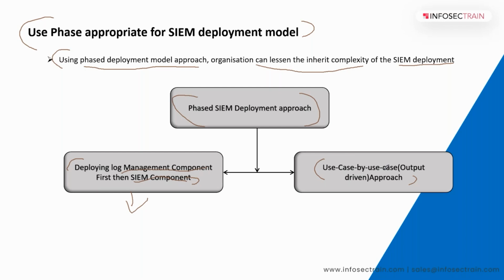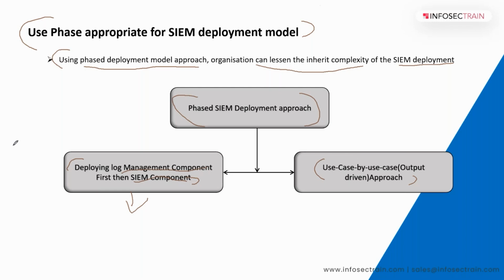A case by case approach means looking for a more complex or greater scope, which is going to help you for log management and for the SIEM component as well, and how the SIEM component will be deployed. For that, we will take help of a case study or use case of how it has been deployed, and then go with the proper deployment approach.